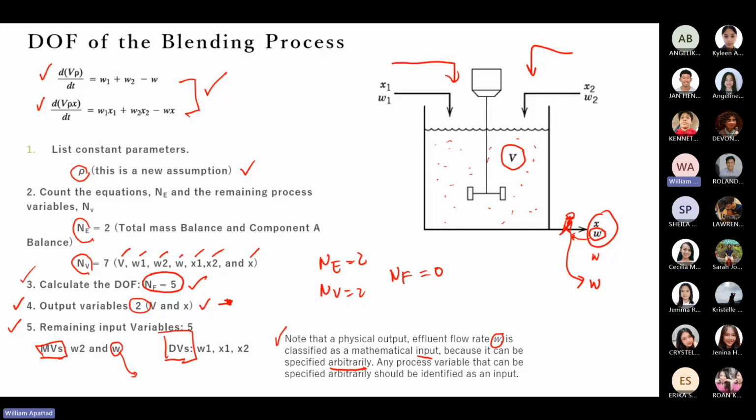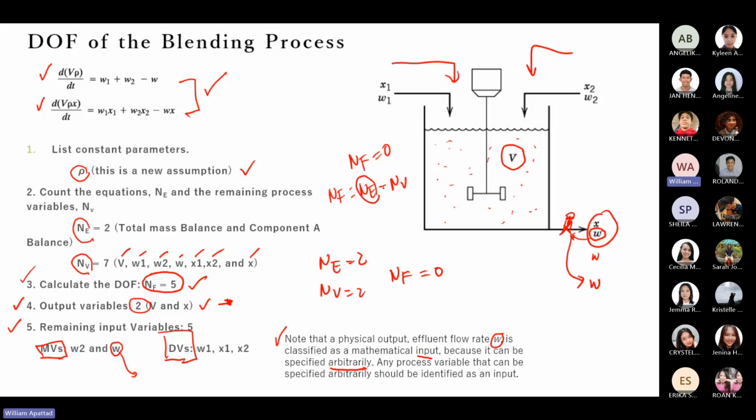Yes. Depende yan. So kung una kasi nating malalaman kung ilan ang model equations na involved sa ating process modeling. Sa example natin, dalawa. Okay, so we aim for NF equal to 0, right? Ang formula for NF is equal to NE minus NV, right?